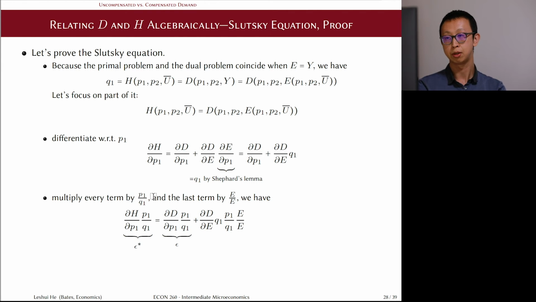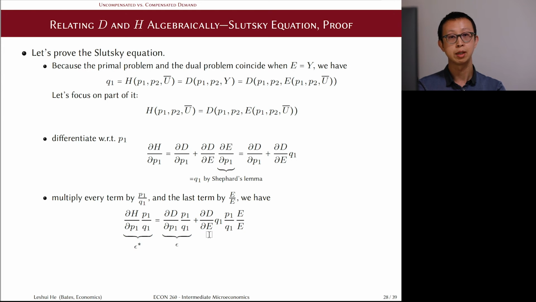Once we multiply this term P1 over Q1 on both sides of the equation, we find that the first two terms of the equation become elasticities of demand. The first term becomes the price elasticity of demand for the Hicksian demand, which is epsilon star. The second term becomes the price elasticity of demand for the Marshallian demand function, which is epsilon. In addition, for the third term, we now have the derivative of Q1 with respect to the expenditure.